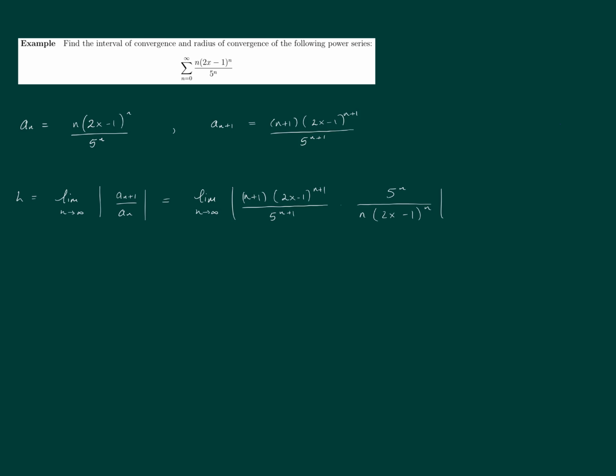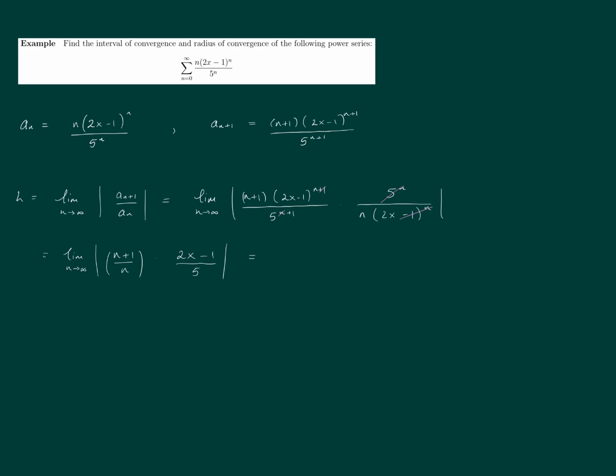Okay, so what cancellations do we get? We can cancel the (2x - 1)^n with the (2x - 1)^(n+1), and similarly with the 5^n and 5^(n+1). And we're just left with the limit of the absolute value of (n+1) over n times (2x - 1) over 5.